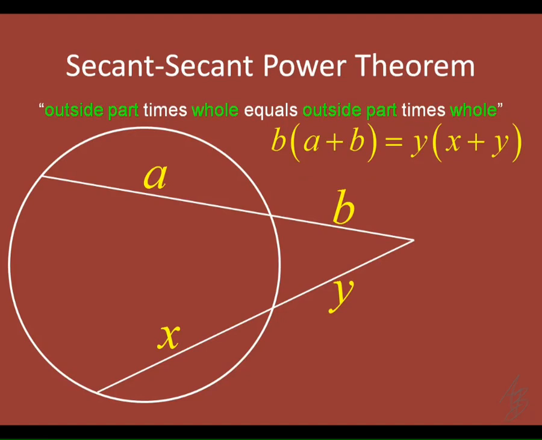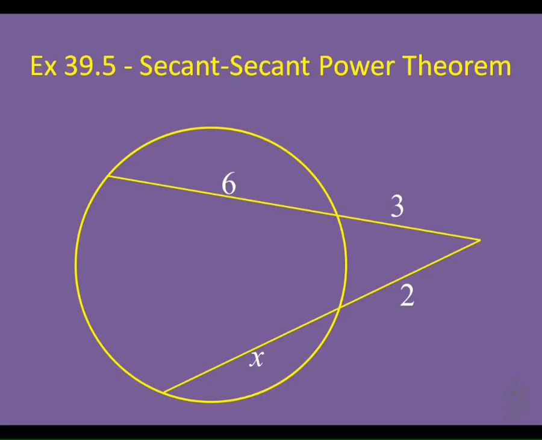So let's put that to use then. In this example, can somebody set up the equation for this one? Jimmy? 3 times 3 plus 6. Okay, you have a choice here.